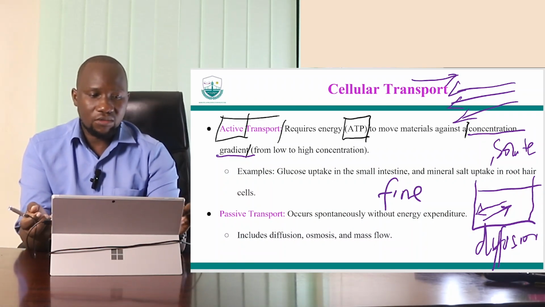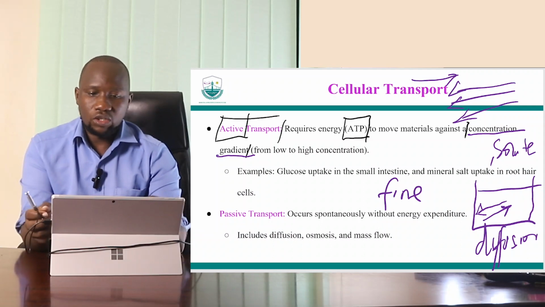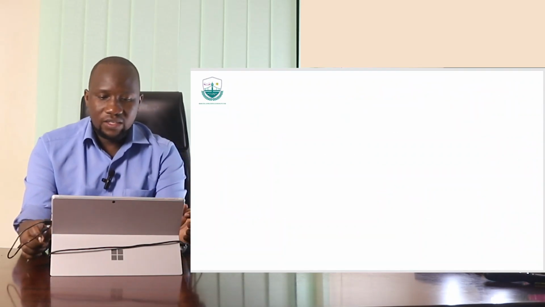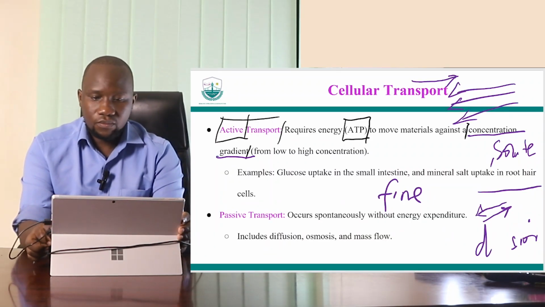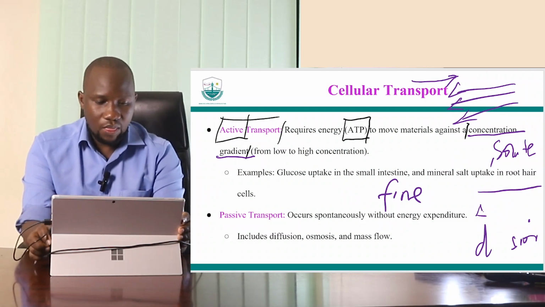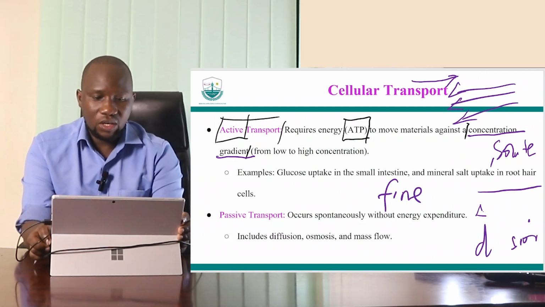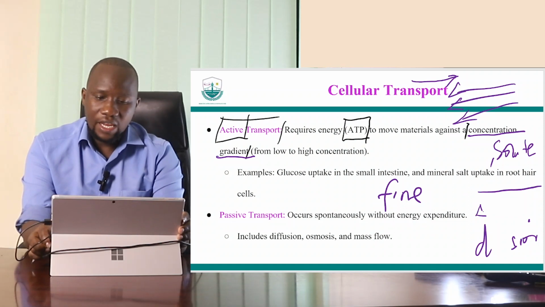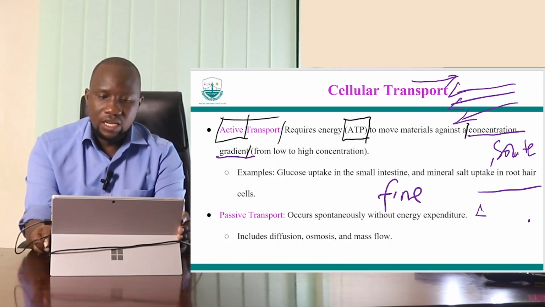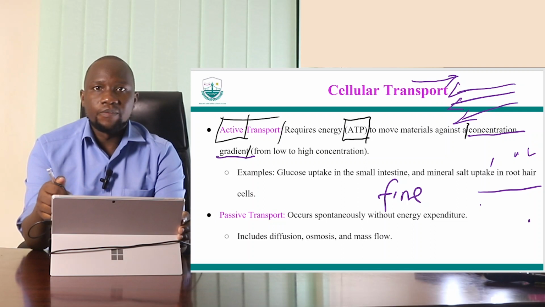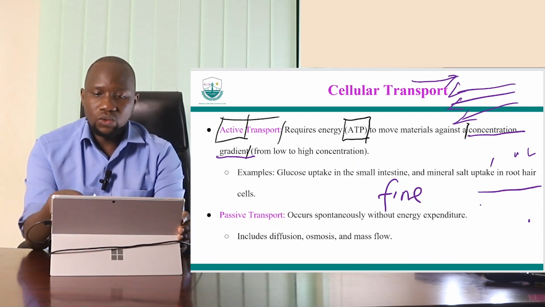That is very important for us to note. Examples of passive transport: we have diffusion, osmosis, and then mass flow. We shall look at this in detail in our subsequent lessons.